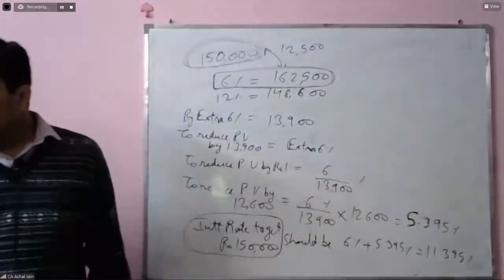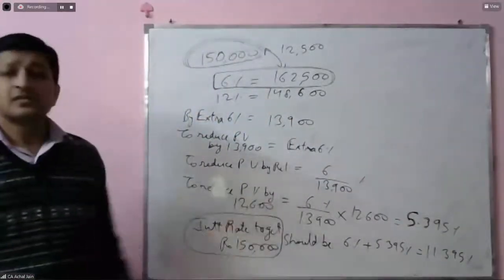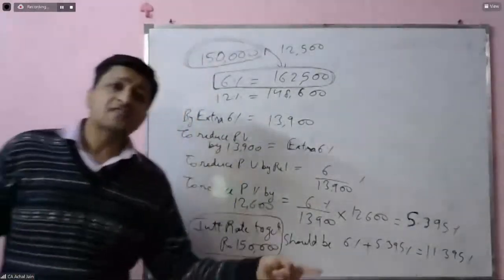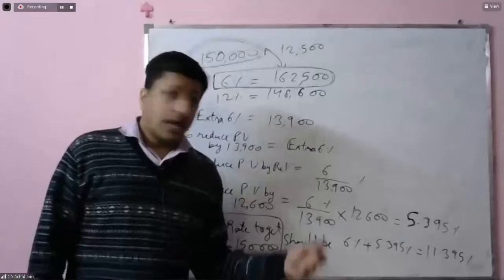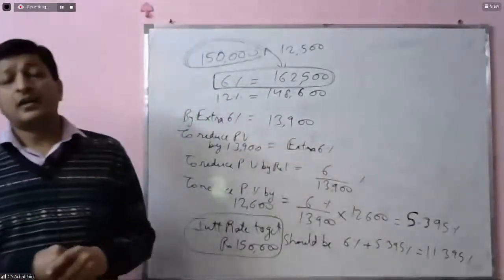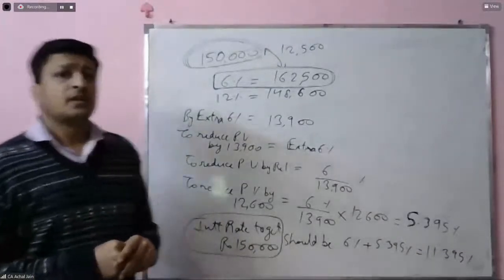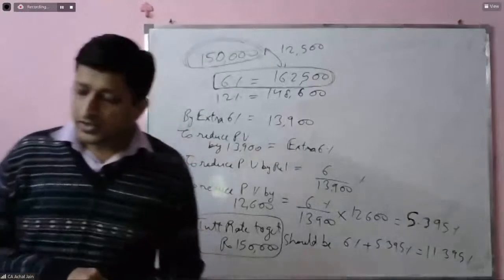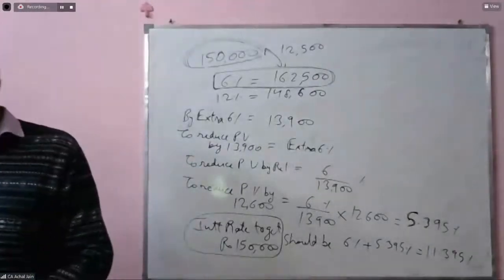And what you can now do is apply this interest rate of 11.395% on the cash flows that we had. You will reach the present value total of 1,50,000. You can do this now.